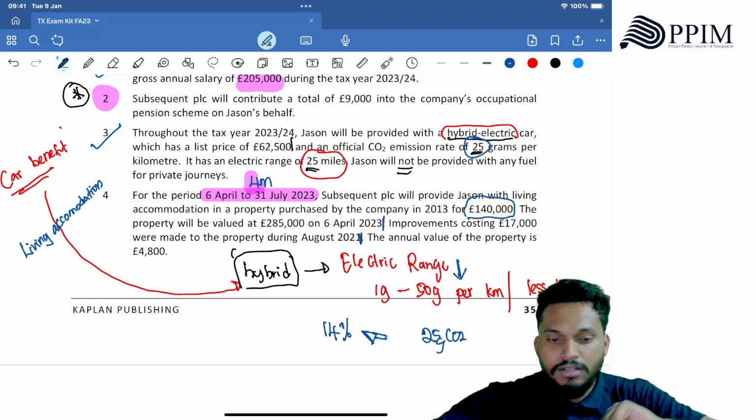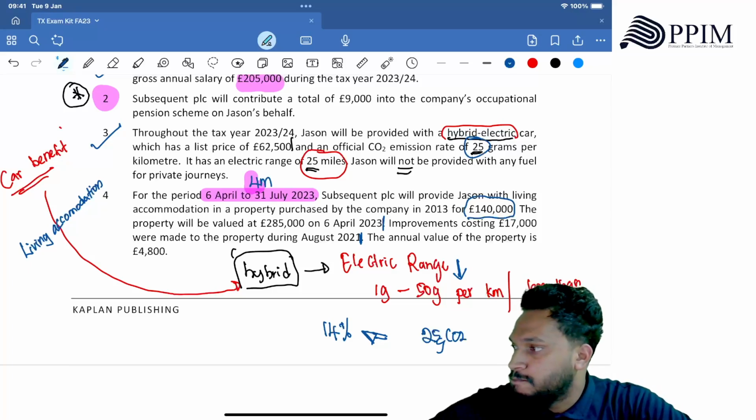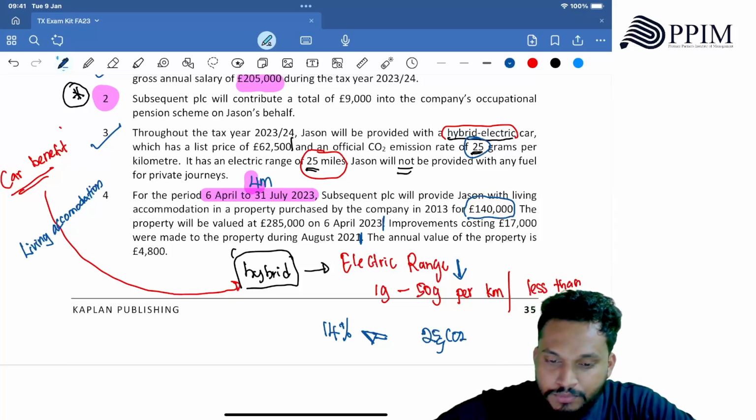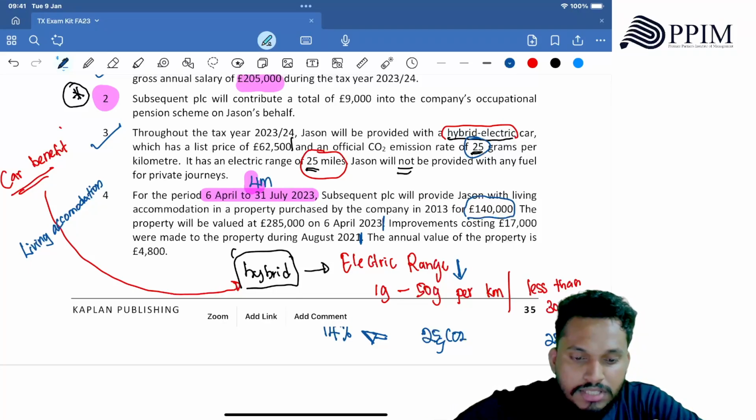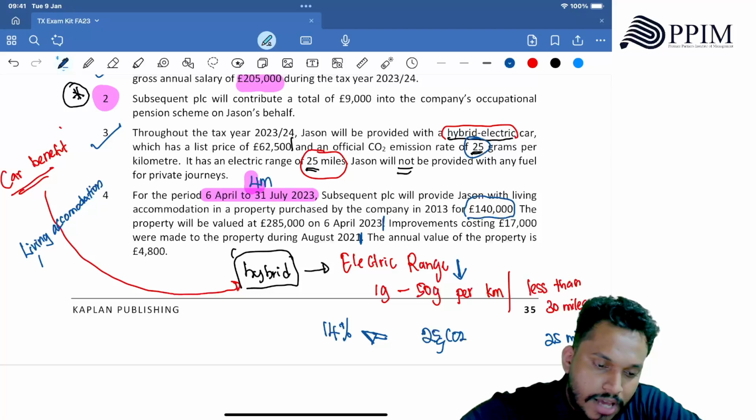Okay, fine. Coming back. So you understood there is 4 months here. So then, now here you need to understand the additional benefits you are receiving from the living accommodation and the annual benefit.